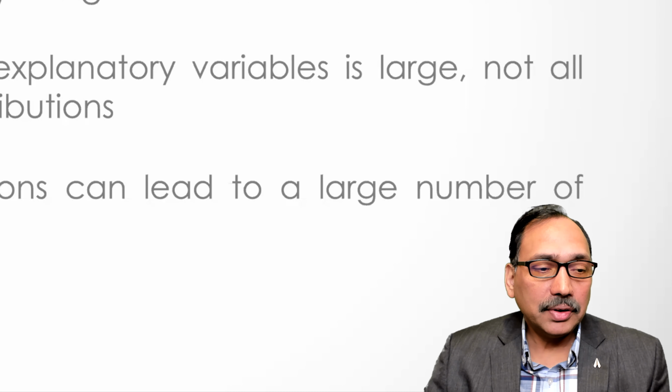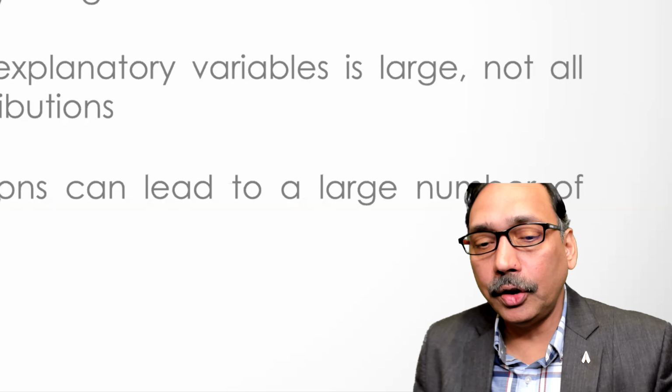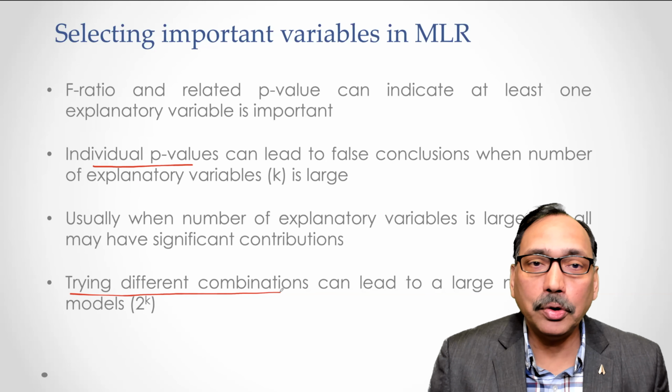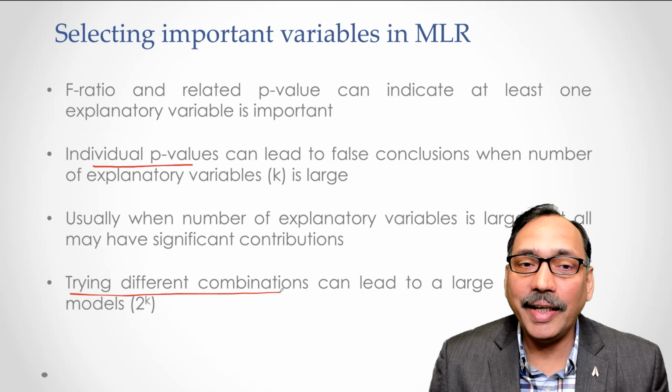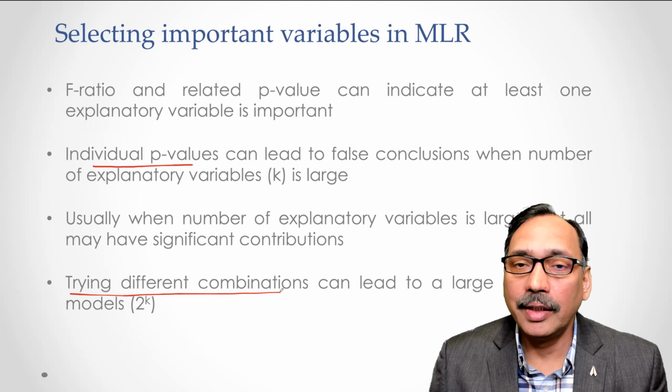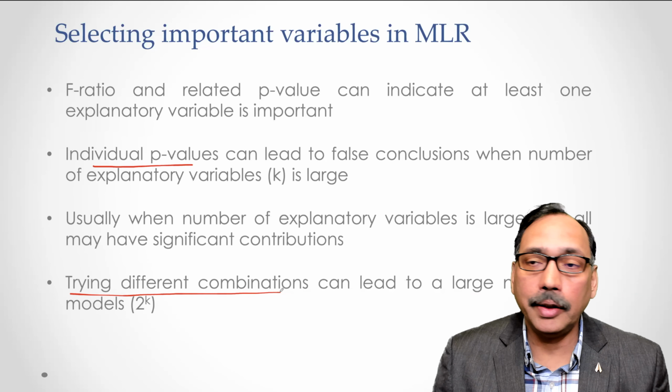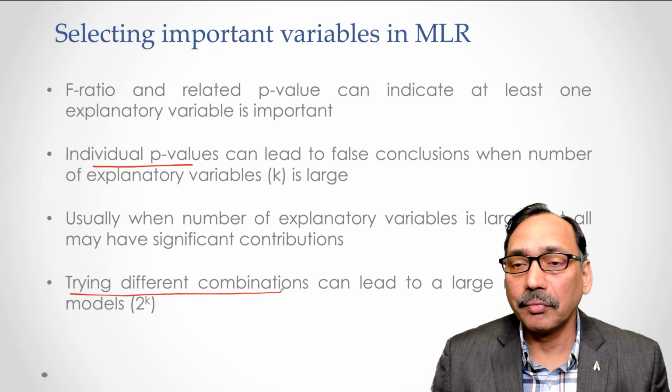Also, trying different combinations can lead to a large number of models. You have seen 2 to the power of k. If k is the number of independent variables, then the number of possible combinations could be 2 to the power of k.